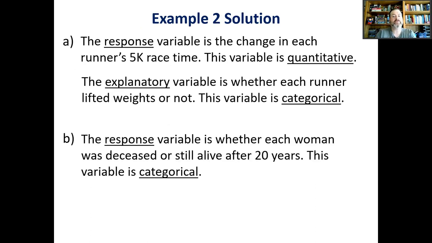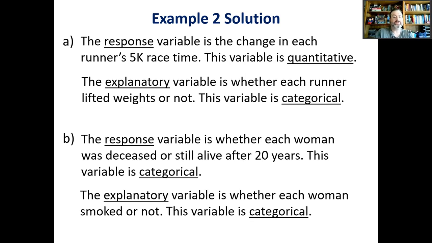So the response variable is whether each woman was deceased or still alive after 20 years. So notice it's a variable, so there are different categories, alive or not alive. This is categorical, and the explanatory variable is whether each woman smoked or not, also categorical. So categorical variables come in lots of different varieties.